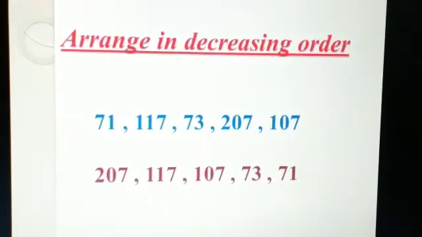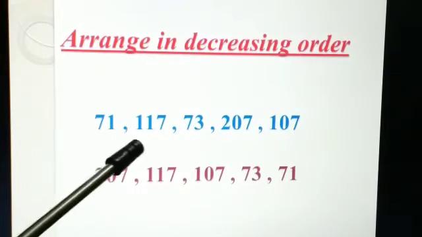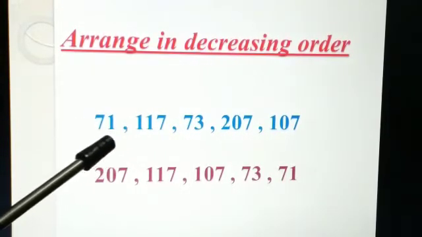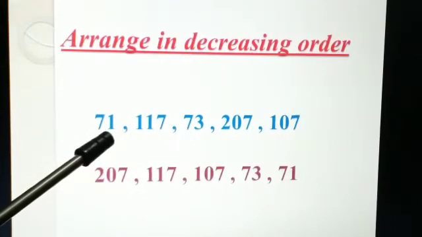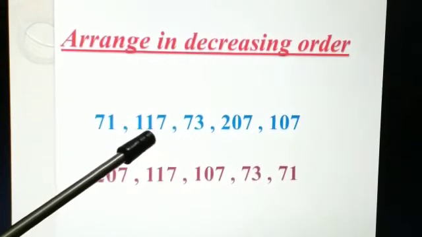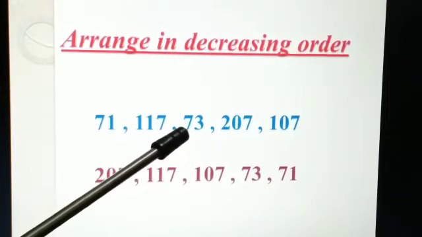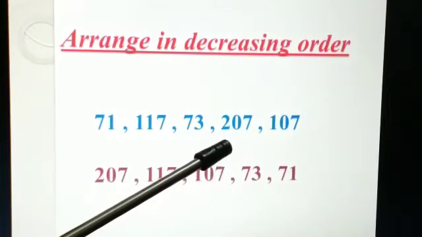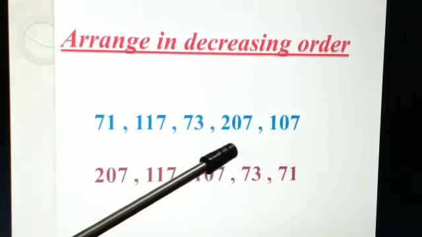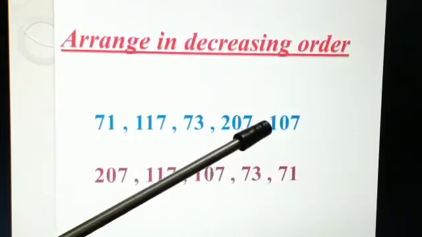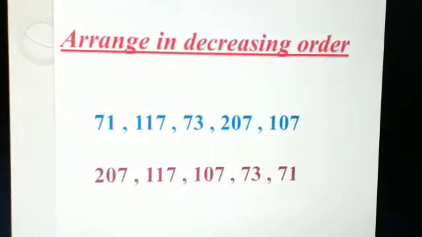Now let's use those tricks again. First of all, we will count the digits of all the numbers. So 71 has 2 digits, 117 has 3 digits, 73 has 2 digits, 207 has 3 digits and 107 has 3 digits.